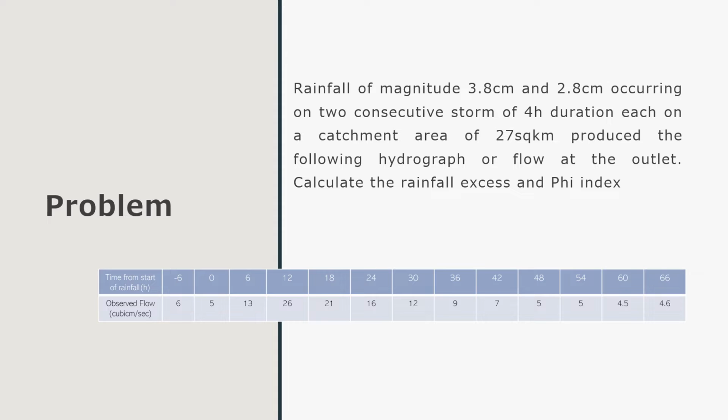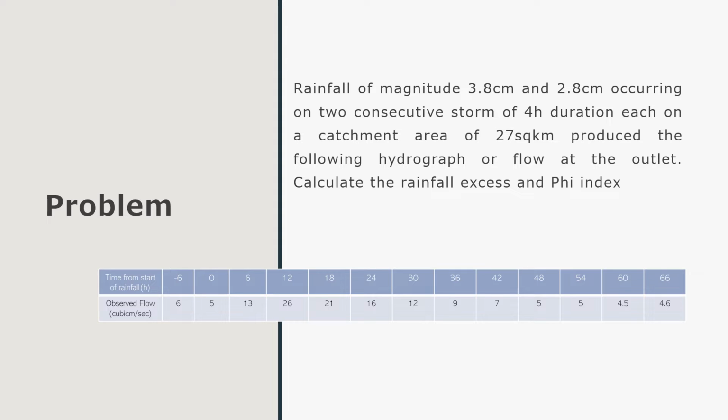The first row is representing time from start of rainfall, that is when the rainfall started, and the second row is representing the runoff from that rainfall.